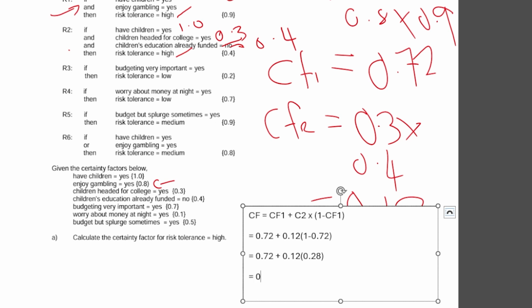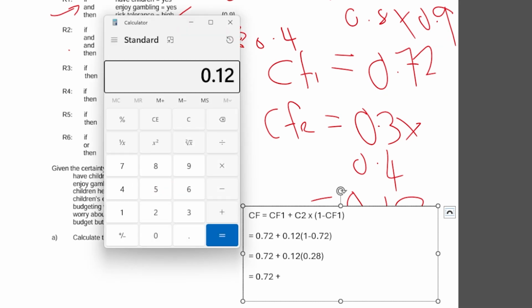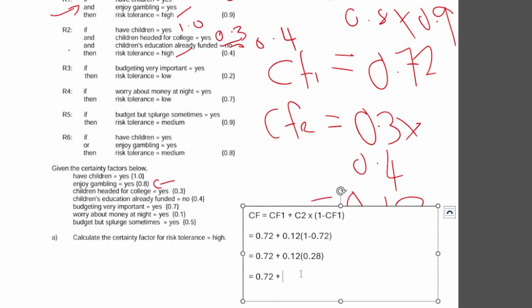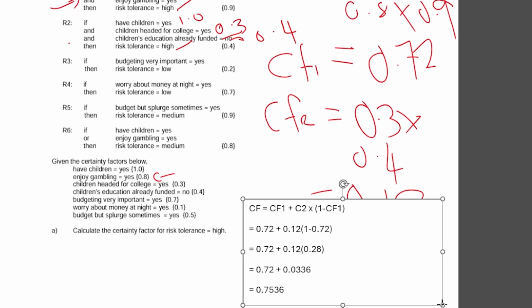For this you have to use the calculator. 0.12 times 0.28 is 0.0336. So you can get 0.7536. This should be the final answer.